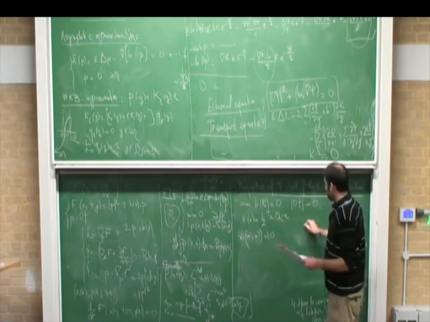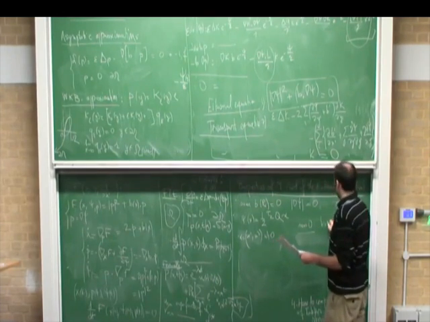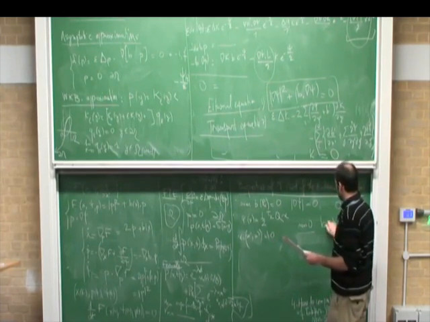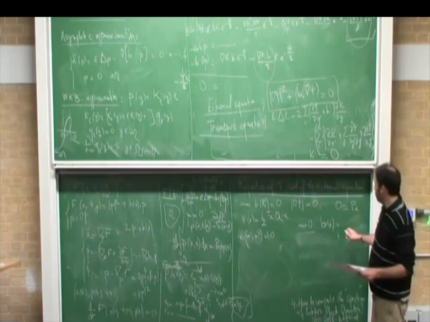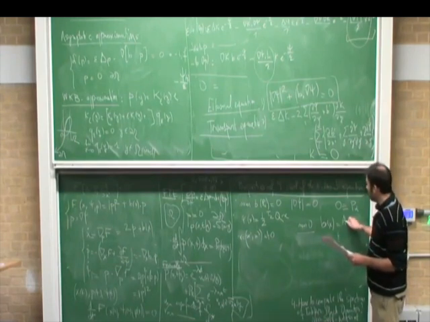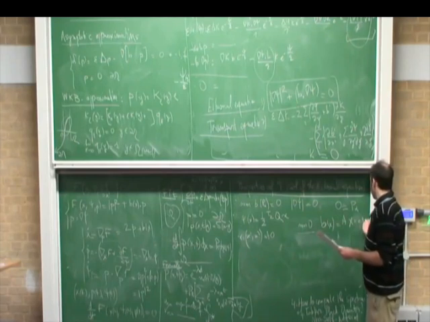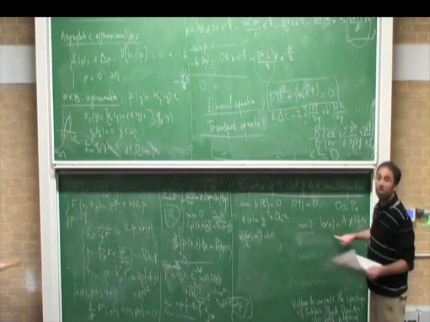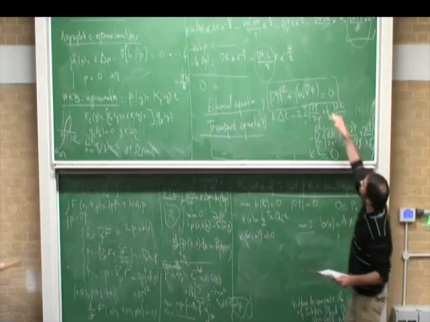B of x, near 0. What is B of x? B of x has a 0, so it can be written as a matrix A multiplied by x, plus small o of x, because it is 0 by definition. Now we plug this into this equation.